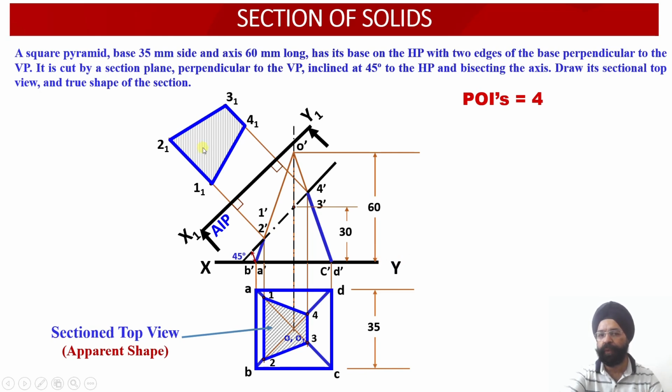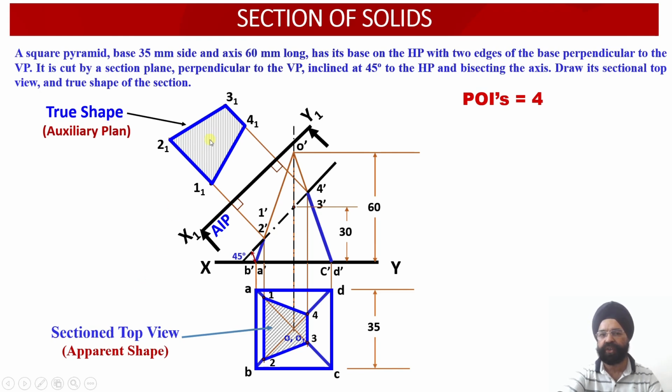Now after evaluating this, you see this was the sectioned surface over here. Since this section surface happens to be parallel to this auxiliary plane x1 y1, the projection which is obtained in the form of auxiliary plan onto the AIP will be called the true shape of the cut section.